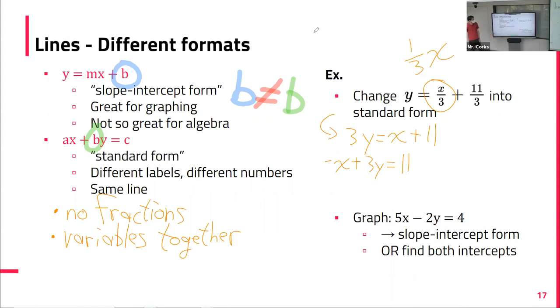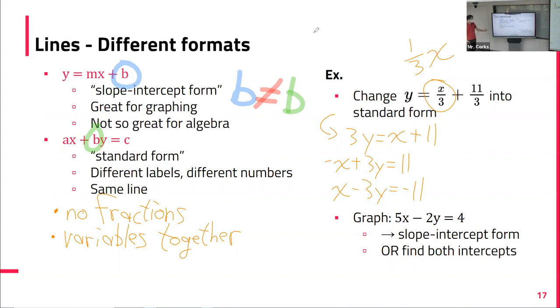And not always, but often we would change it so that the x value is positive, or whatever the first variable is, we want that one positive. And then if they're opposite signs, then we make the other one negative. So change this to be x minus 3y equals negative 11. So often we would go to that. By convention, that's usually how these would be written.